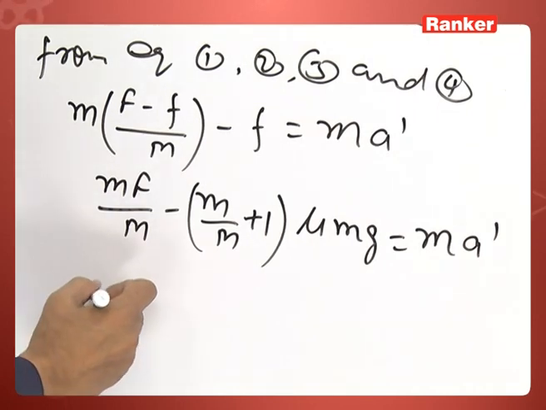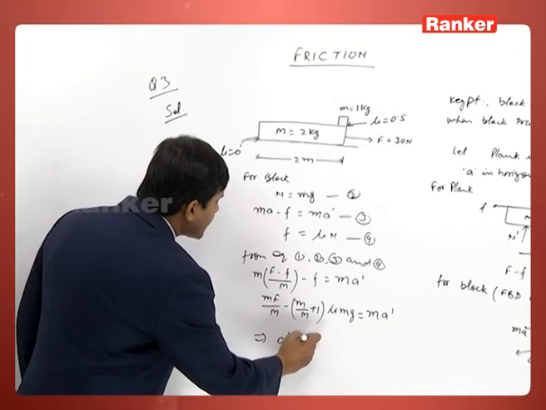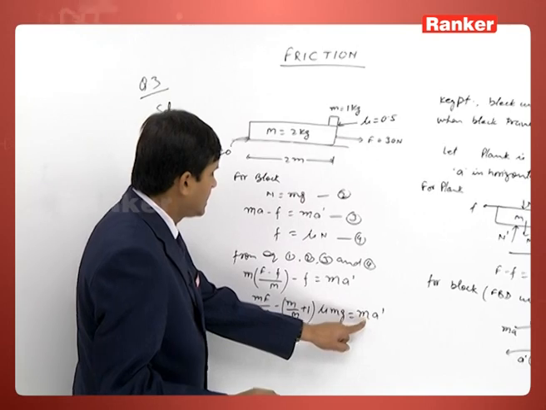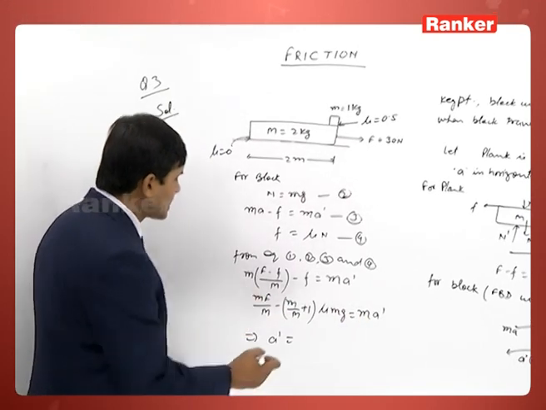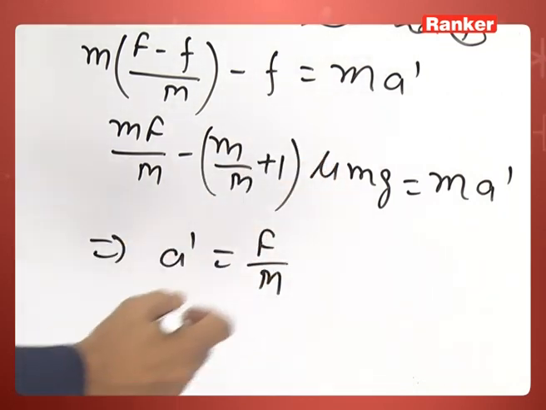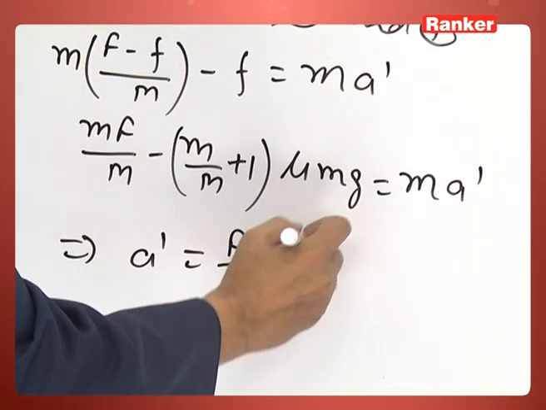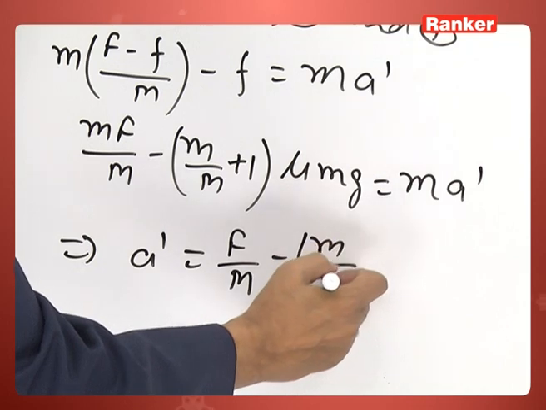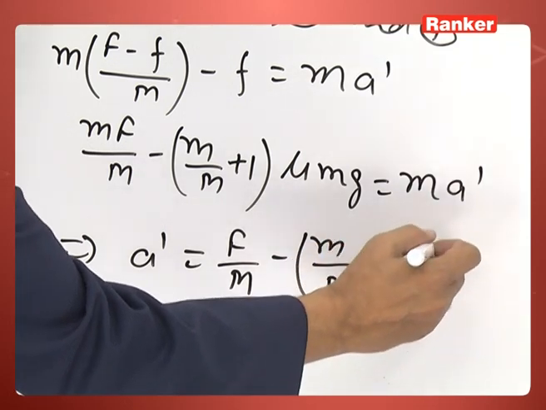So, see here, a dash is equal to, m and m cancel, F by M minus (m by M plus 1) into mu g.